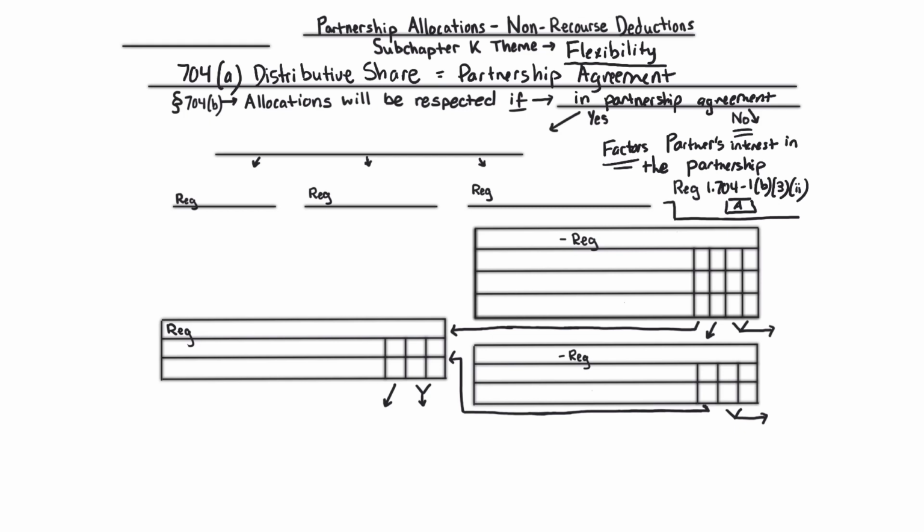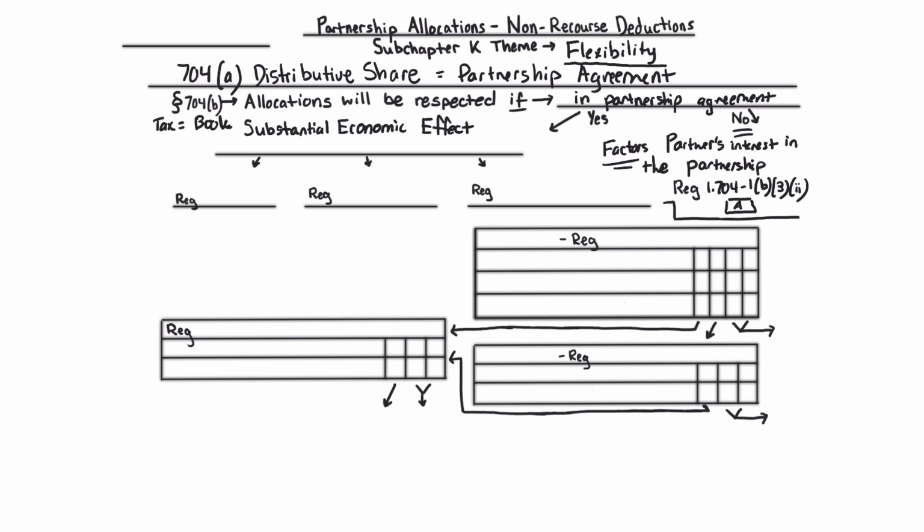Now let's continue on. So you need to have it in the partnership agreement, and according to 704(b), you must also meet what's called substantial economic effect. Now, substantial economic effect, keeping it as simple as possible, means that tax must match book.